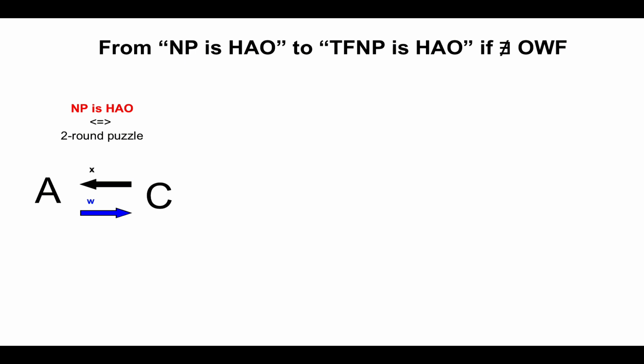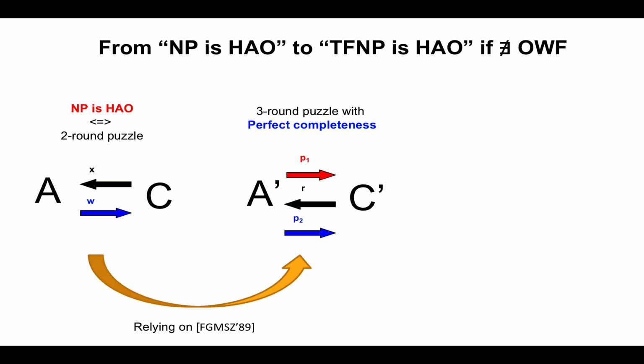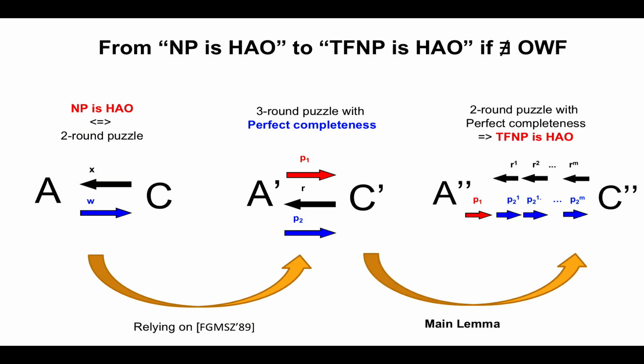So we start off with NP being hard on average. That's the same as the existence of a two-round puzzle. We can take this two-round puzzle and transform it into a three-round puzzle that has perfect completeness. And if one-way functions don't exist, we can apply this Babai-Moran transformation and now collapse it back down to a two-round puzzle that has perfect completeness.